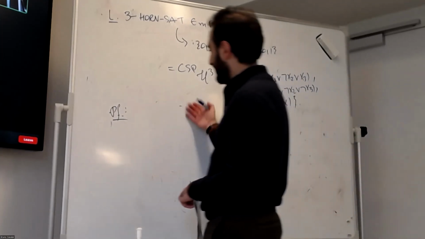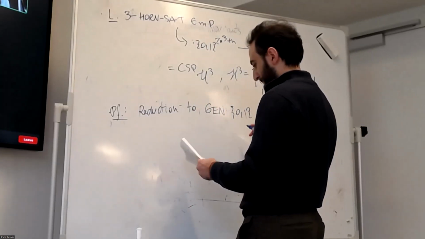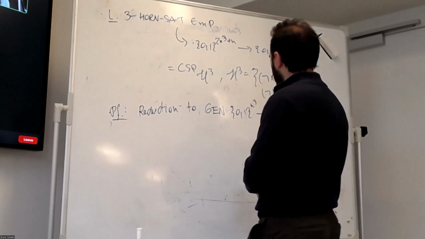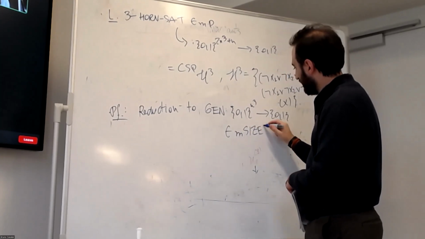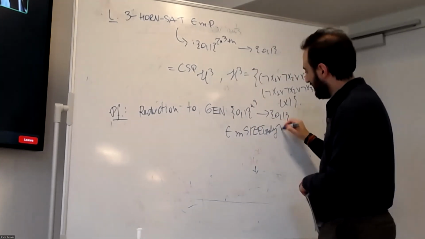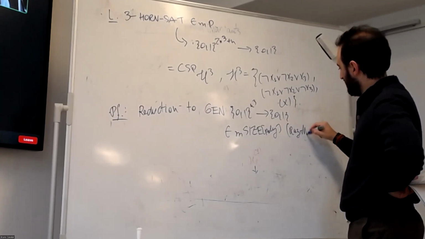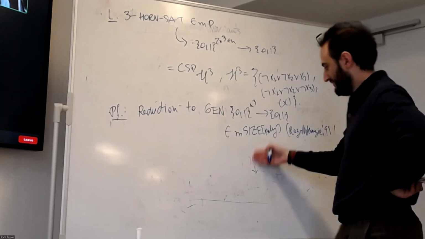And we do this by a reduction to the gen function, which is in monotone size poly by a paper of Raz and McKenzie. It's not hard to see, we'll discuss it.